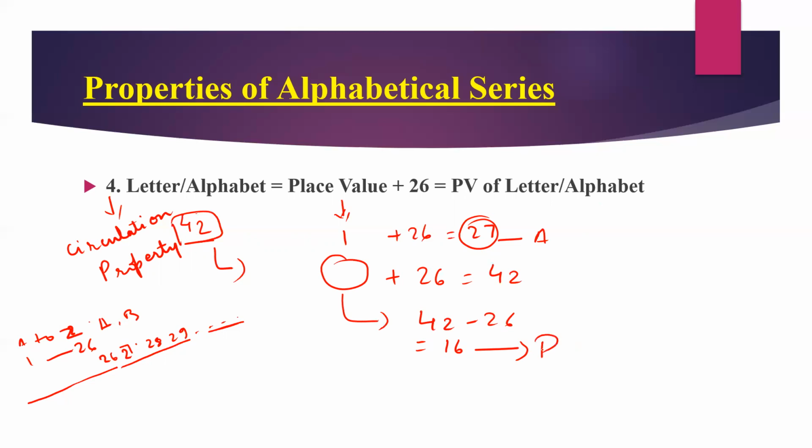That is P. So if we put A to Z and then again A to Z, and we need to find what is at 42, we get P. After 1 to 26, when we count 27, we get A. In the same way, at the 42nd place we get P. Right? So this is the property.